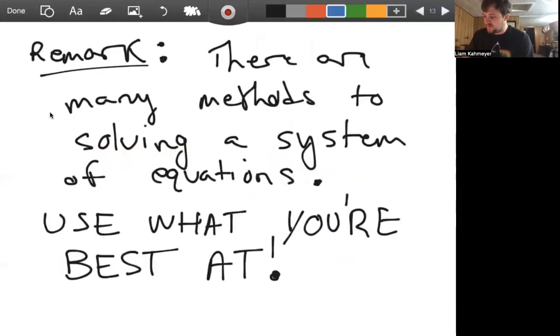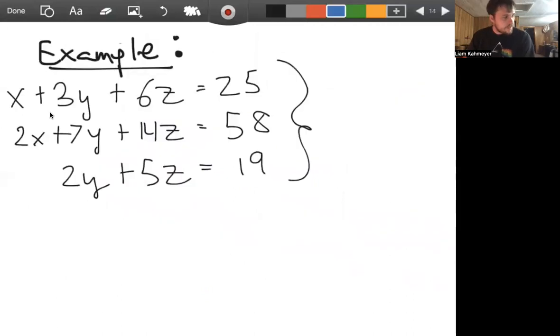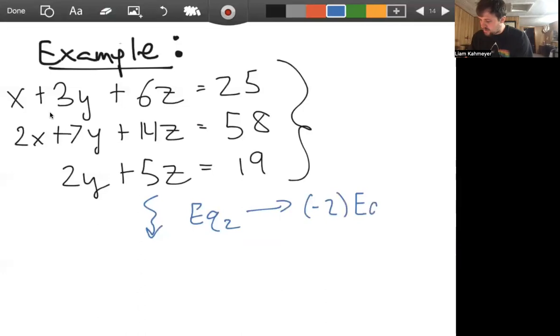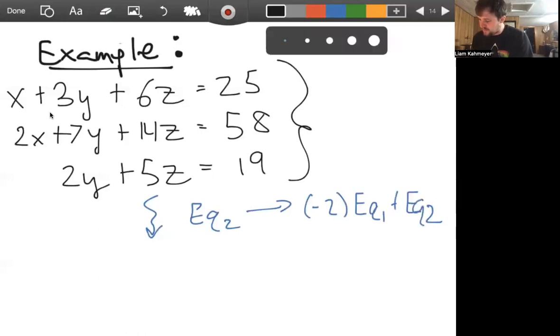So what I want to do here is replace equation 2. I'm going to take equation 2 and replace it with -2 times equation 1 plus equation 2, right? We're adding equation 1 times a multiple of -2 to the equation that we want to replace, which is E2. Let's see what our system would become under this change.